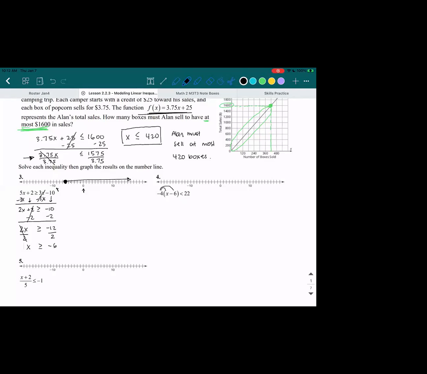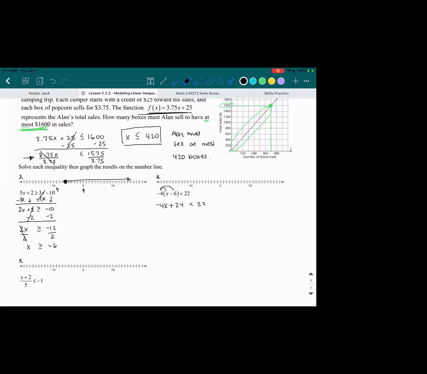So -4 times x is -4x. -4 times -6 is positive 24. Then it's less than 22 still. We're keeping the symbol the same because the -4 only got multiplied to the left side. You're going to flip the sign when you multiply or divide on both sides, okay?